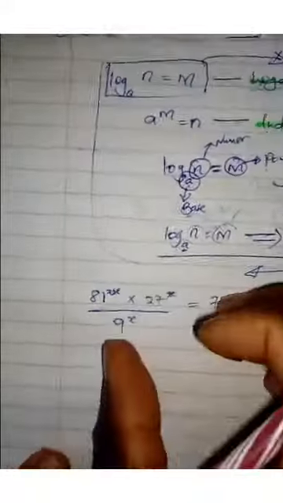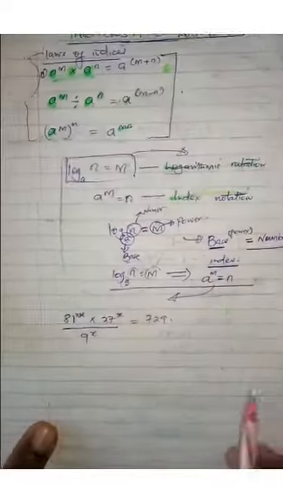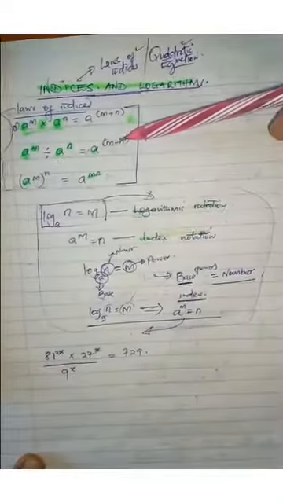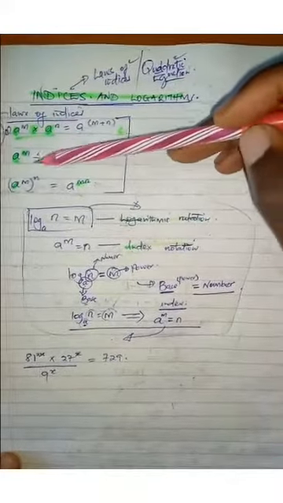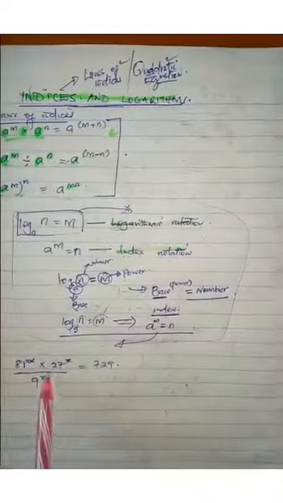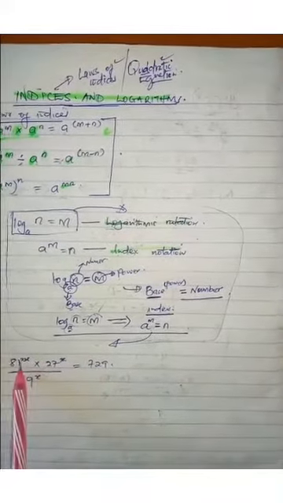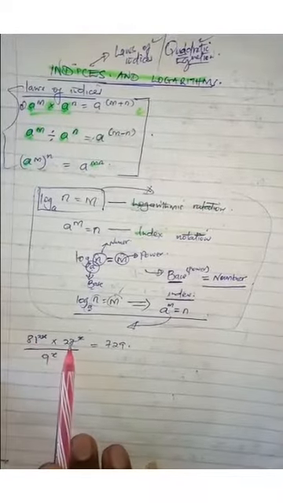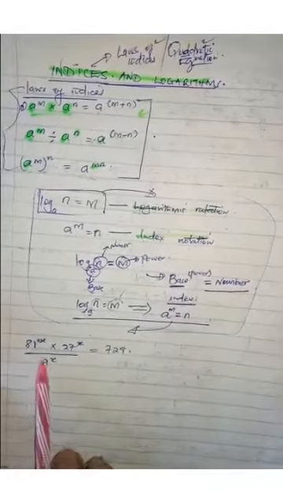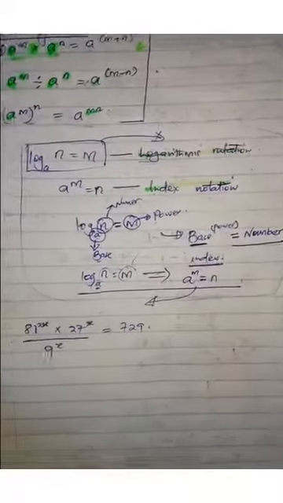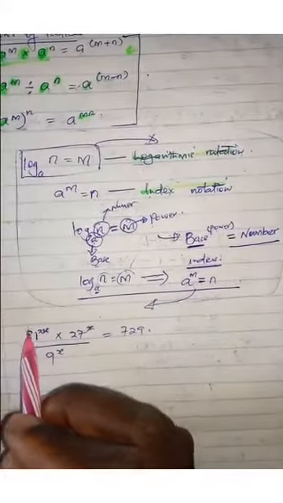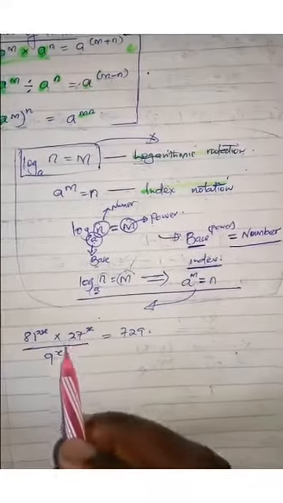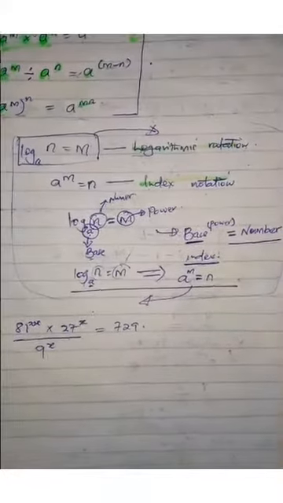Now, for you to use the rules of indices, we need the same bases. You've been told to solve for x in the equation. So for you to solve for x, you need to write 81, 27, 9, and 729 to be of the same base.